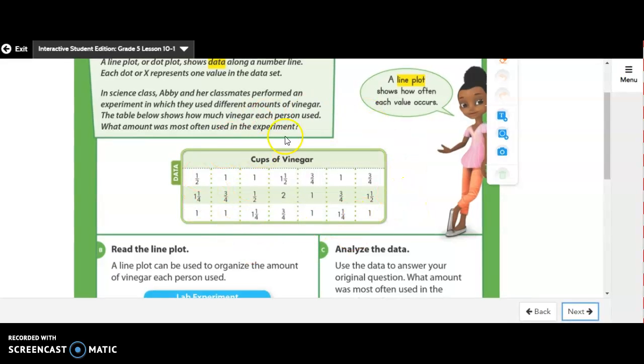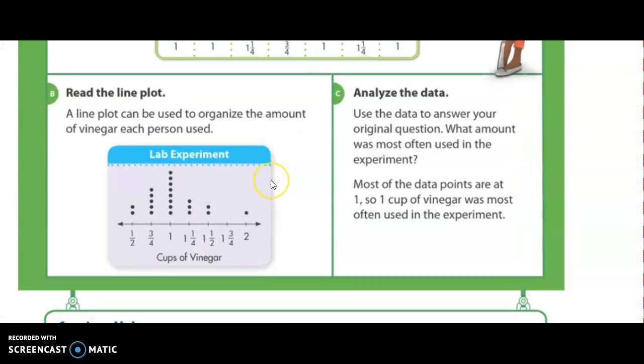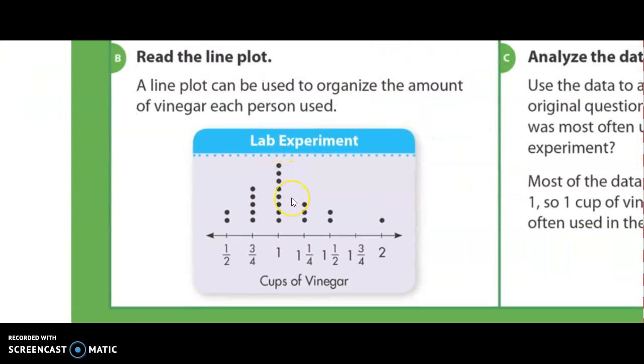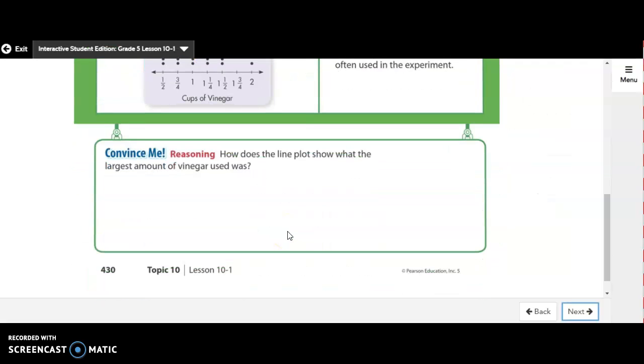A better way to view this data is as a line plot, and they actually already turned it into one for us down here. Now I can easily count up the amount of students that used 1 cup of vinegar, or easily see how many students used 2 cups, or even easily see things like how many students use more than 1 cup, or 1 cup or less of vinegar. Another way for you to look just at how line plots can be helpful for us seeing data.